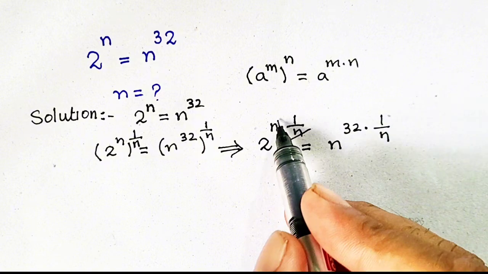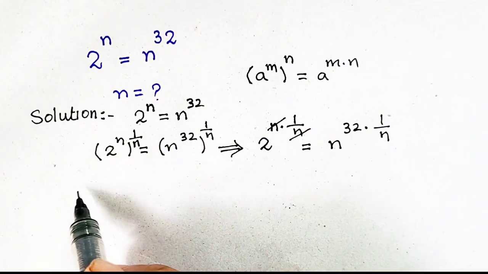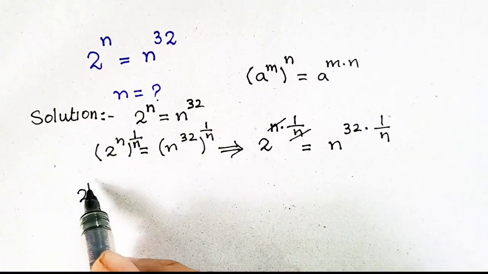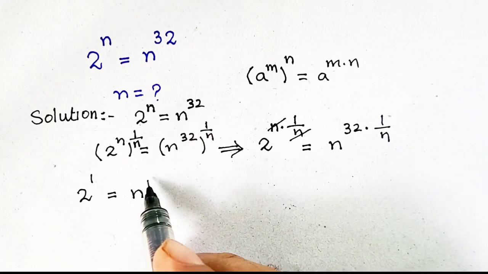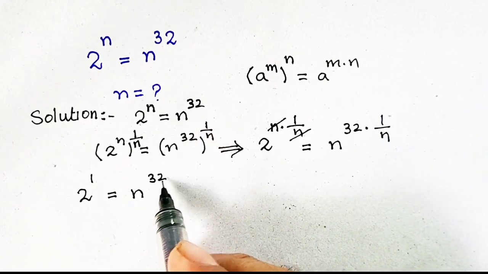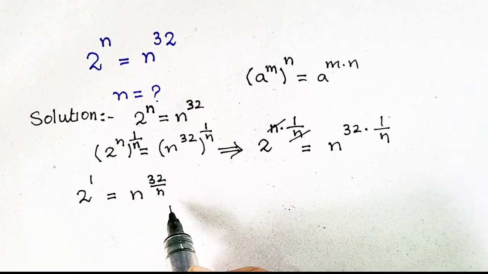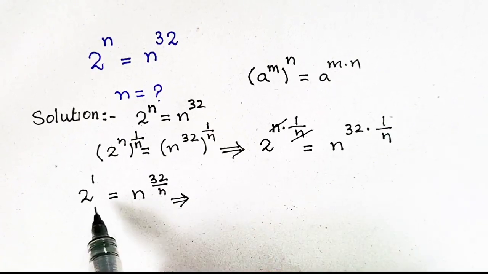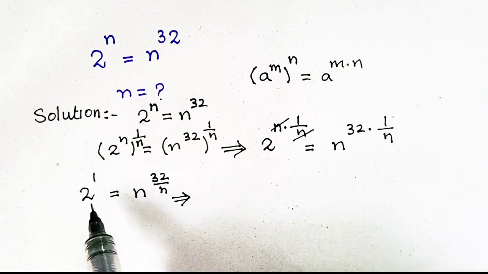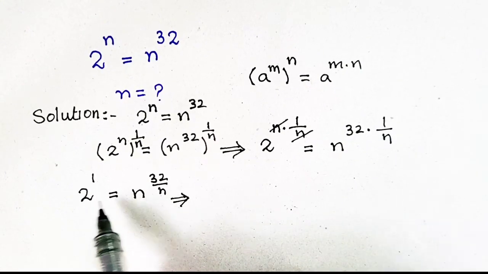Here is cancellation. So we will get 2 power 1 is equal to n power 32 over n.